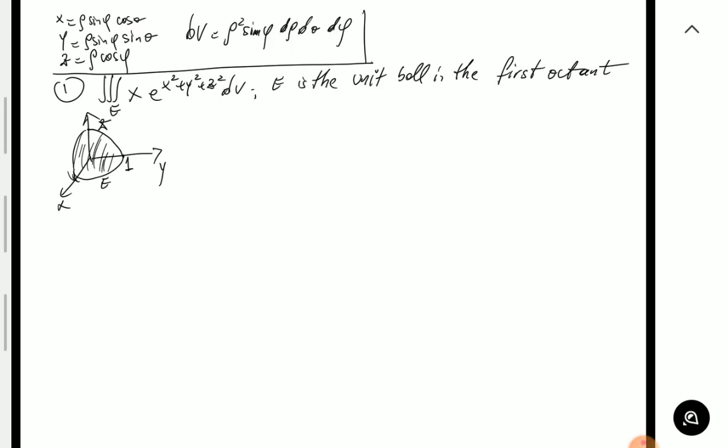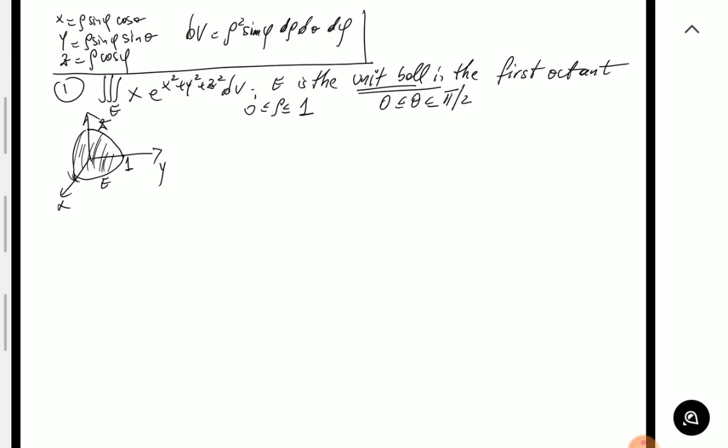So first of all, obviously rho is between 0 and 1. It's a solid sphere, right? Nothing hollow, it's just the unit ball. So that means the radius is 1, rho goes from 0 to 1. Next comes theta. Theta goes over a quarter of a circle in the xy plane. So therefore theta runs from 0 to pi over 2, 0 to 90 degrees.